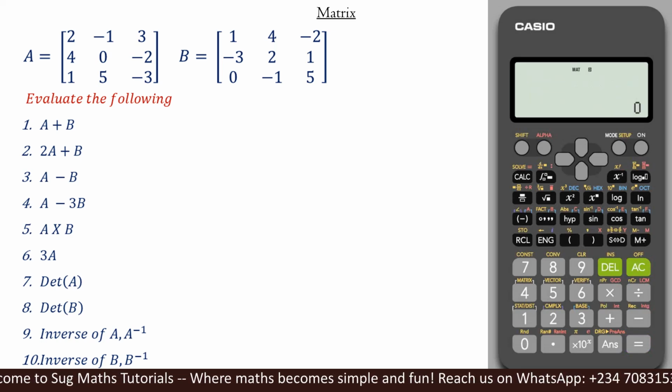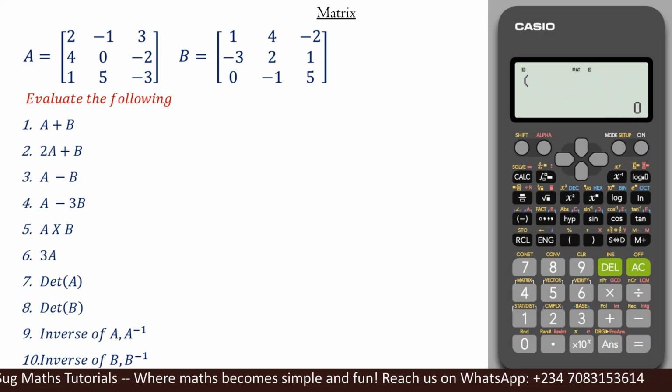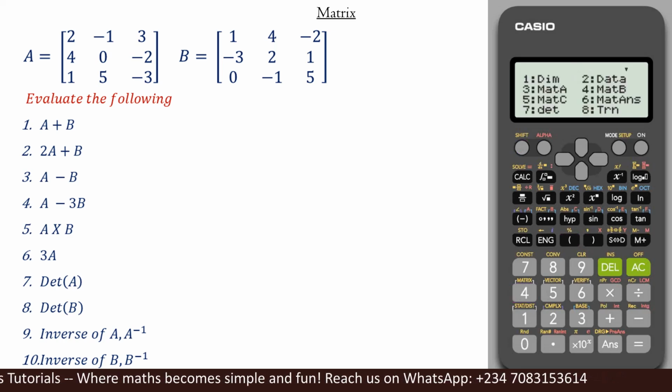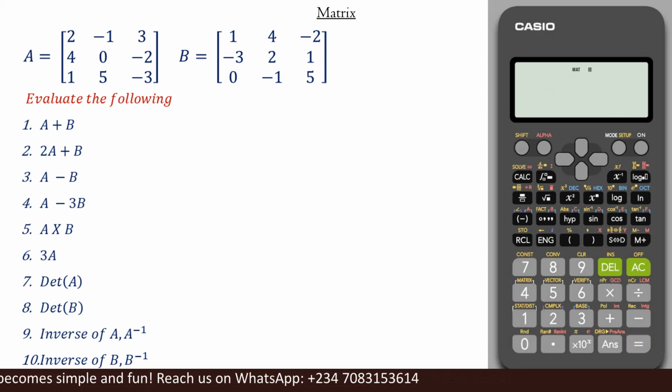Now let's try something. Let's open the bracket and say shift matrix. Let's choose matrix A, which is 3, and then let's say inverse of it. Now let's close it and take the inverse of it again. Let's see what it's going to give us.